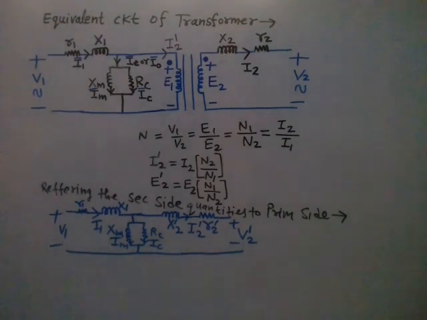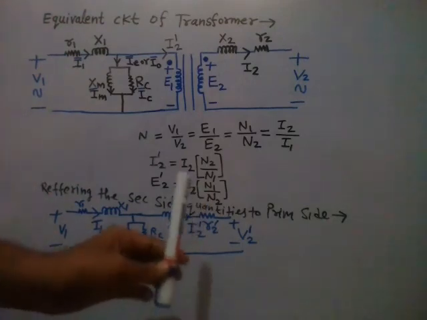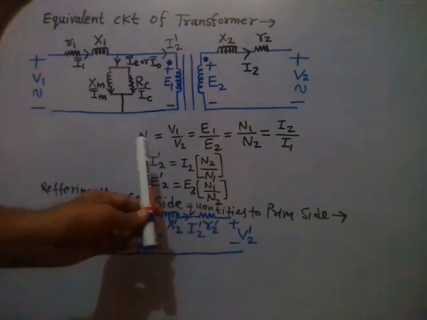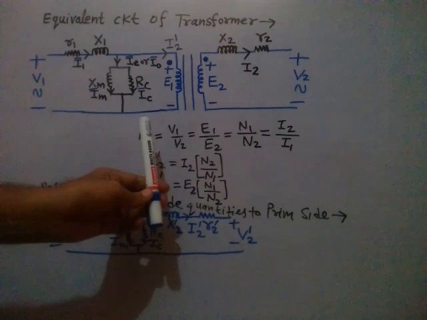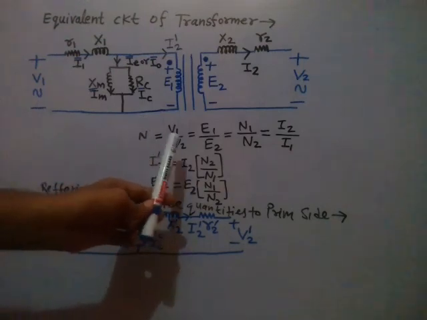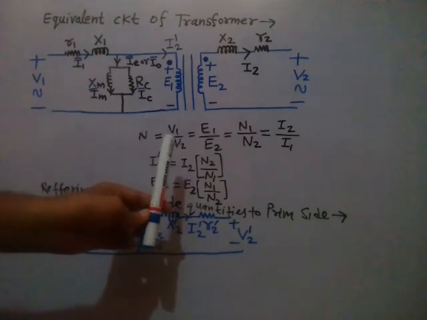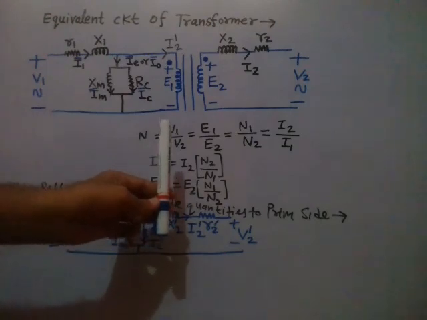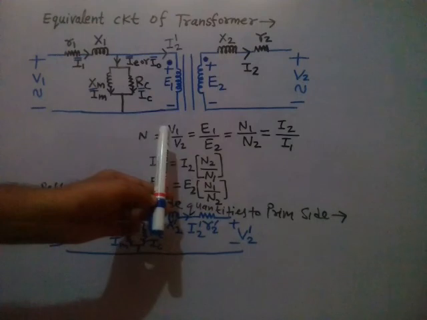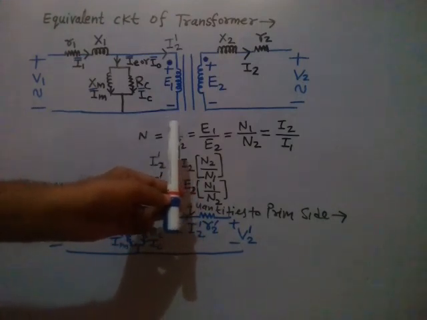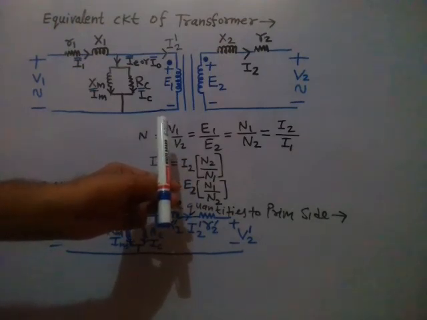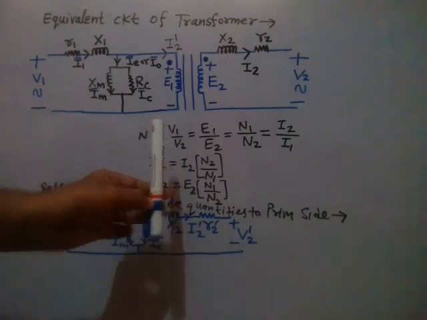Minus E1 because minus is due to Lenz's law. Since Ie is produced by the flux phi m, it will approximately be in phase with phi m. So now we can draw the phasor diagrams of the transformer.